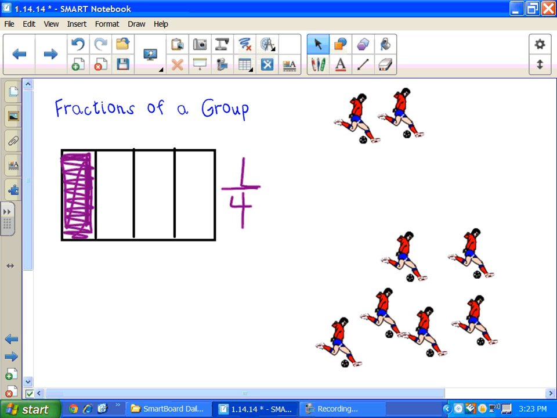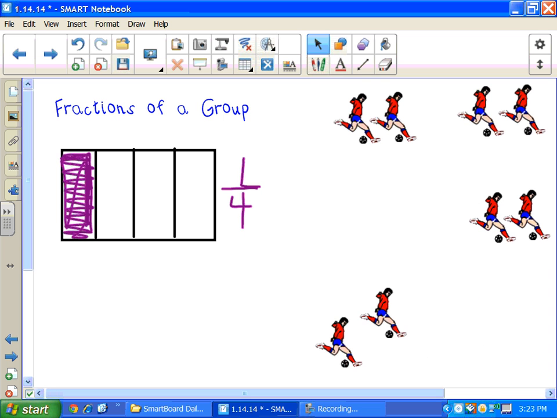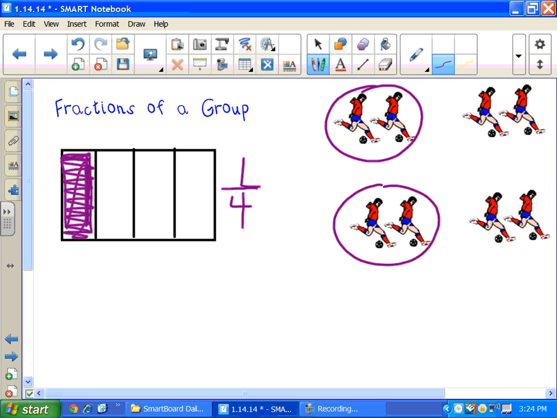So if I put 2, and we can see I have 4 equal groups. There's a group, there's a group, there's a group, and there's a group. So there are my 4 equal groups. So I have divided the team into 4 equal parts or groups.